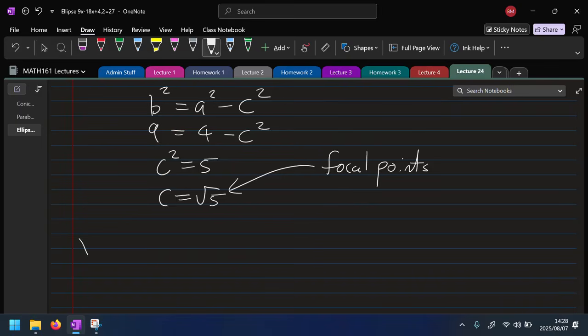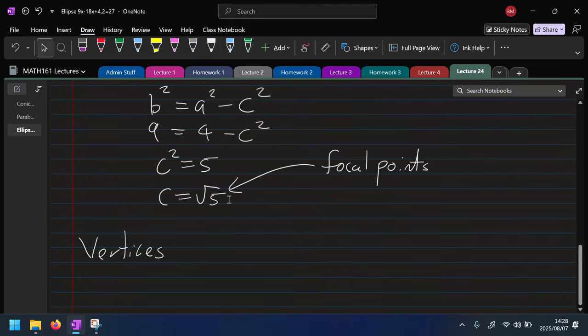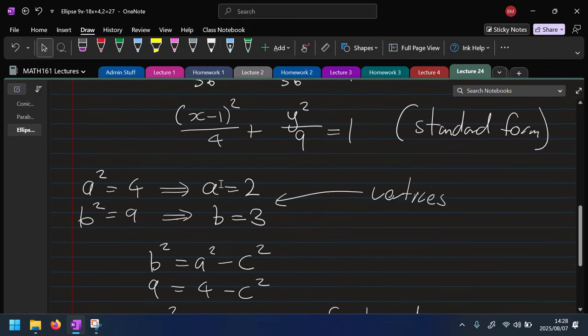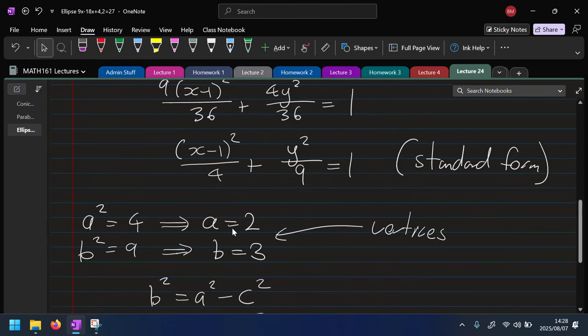So what are the vertices going to be? Here, we go up here. Is this going to be stretched along x or y? Because we're looking for those endpoints. Y, yeah, it's going to be stretched along y.